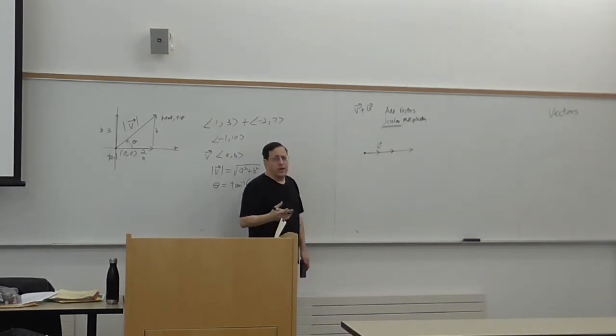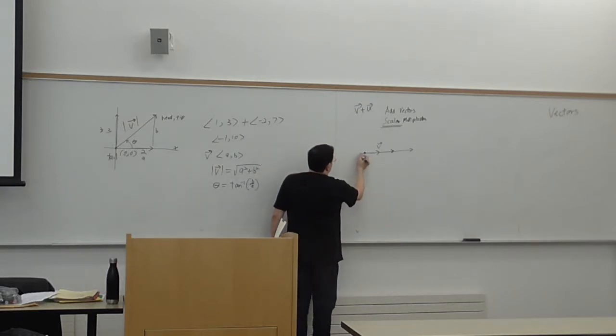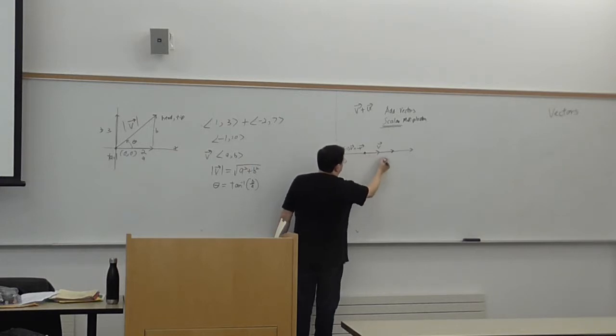If I multiply it by a negative number, that just reverses the direction along with multiplying it. So, in particular, we have -1 times a vector, or the opposite vector. It's just this vector in the opposite direction.